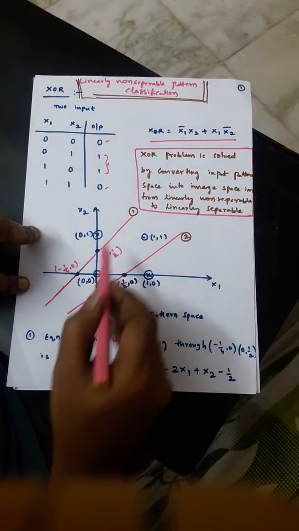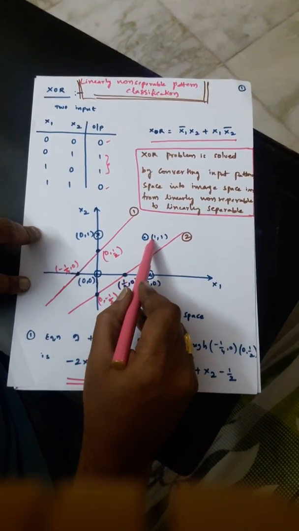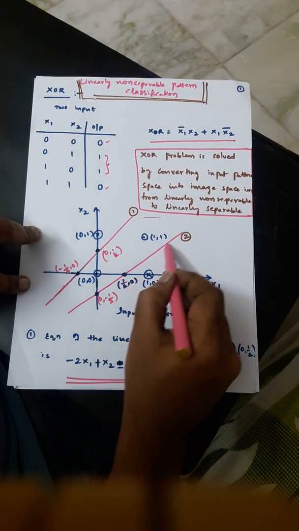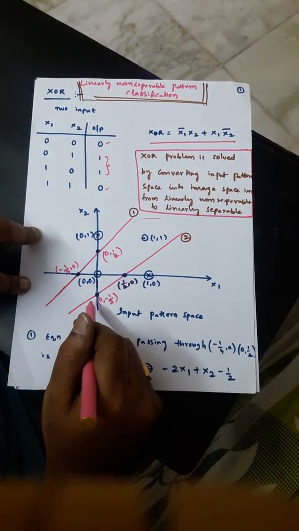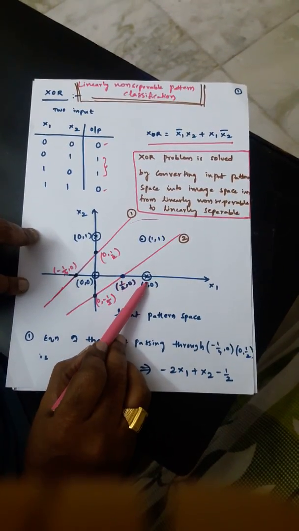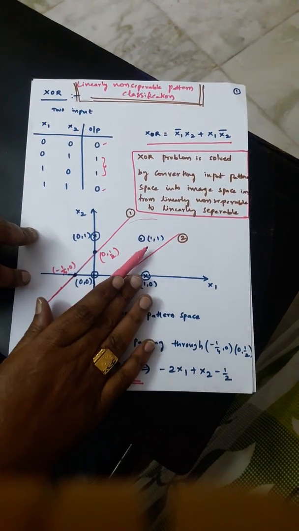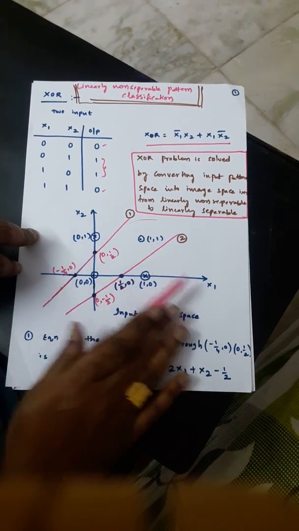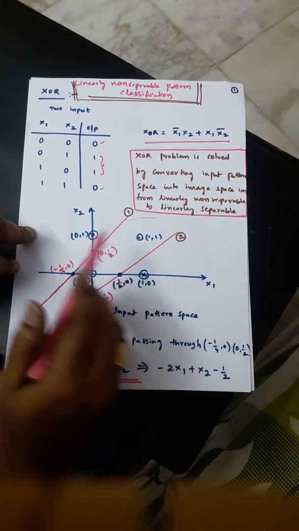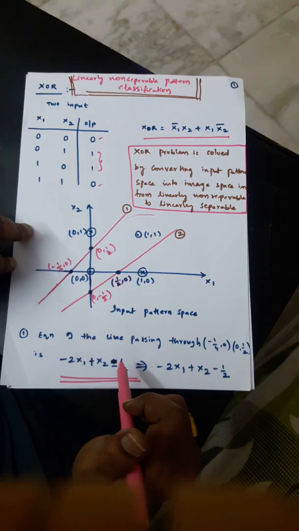So you can see this is separating 0 0 and 1 1. That means this entire region corresponds to one class, which results in an output 0, and this region and this region, on the other side of lines 1 and 2, correspond to the input patterns that result in an output 1.